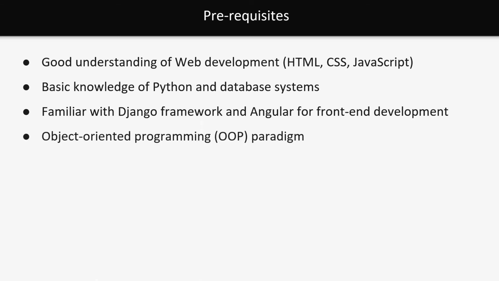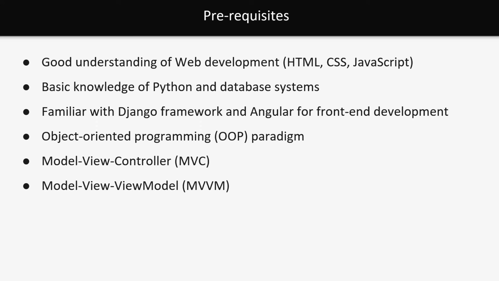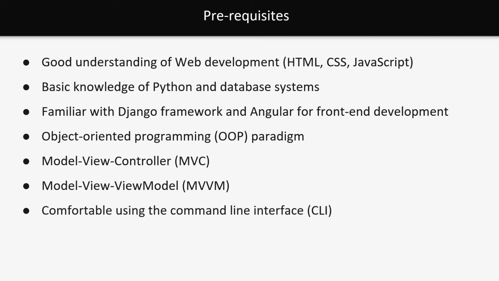Please make sure you have some understanding of the following technologies, architectures and paradigms, especially MVC and MVVM. And last but not least, you also want to make sure you have a good and comfortable experience using the command line interface. We'll be using that quite extensively throughout the course to install packages and so forth.